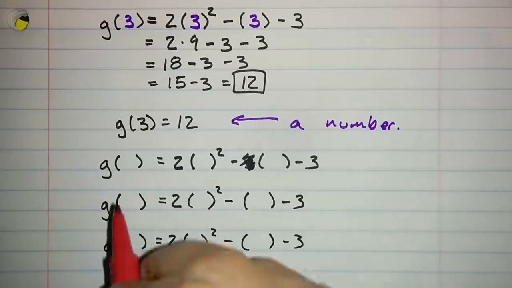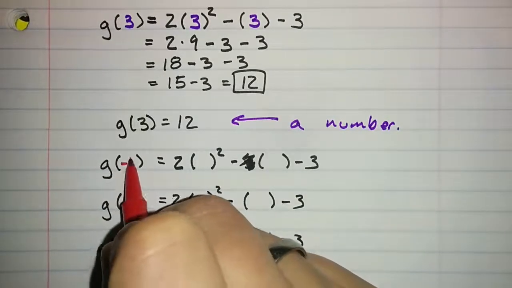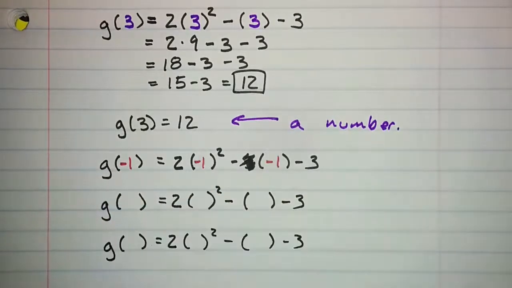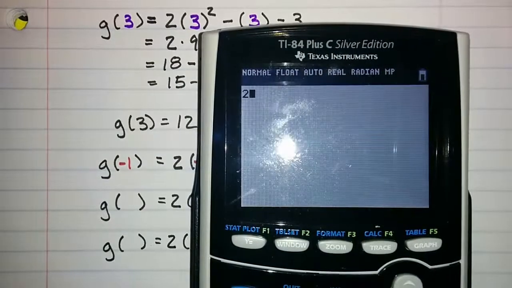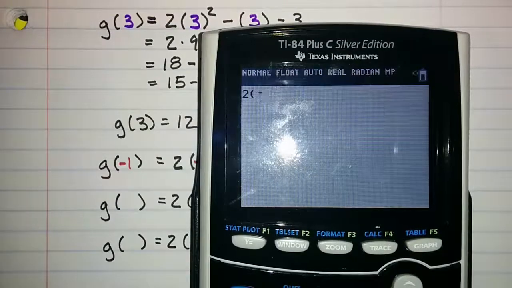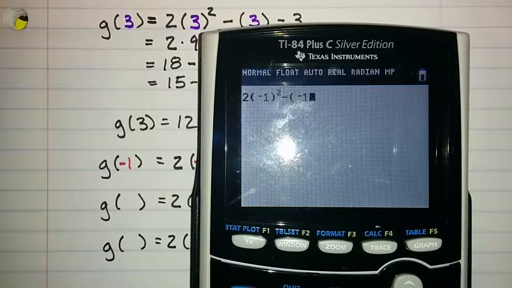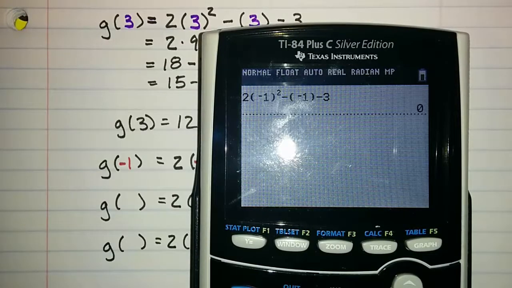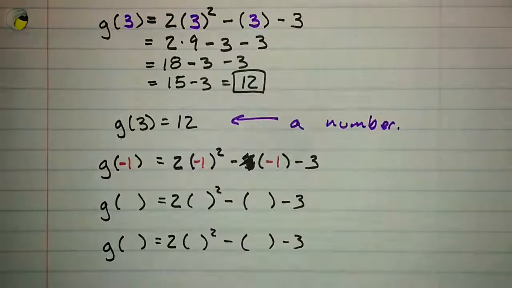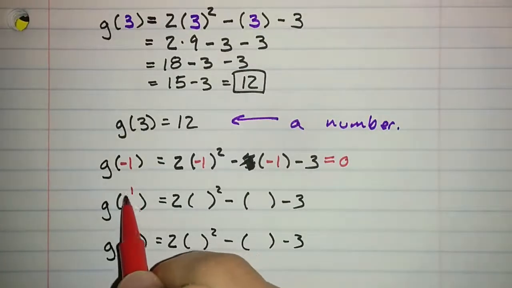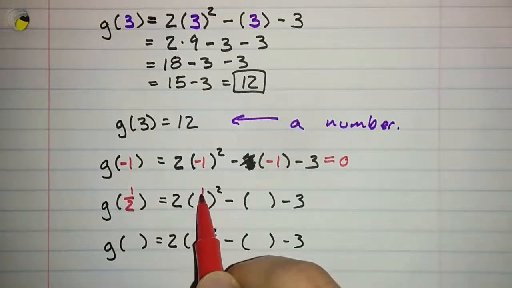So I could plug in -1. I'm not going to do this by hand. I'll have 2 times -1 squared minus -1 minus 3. I get 0. I could plug in, say, 1/2.